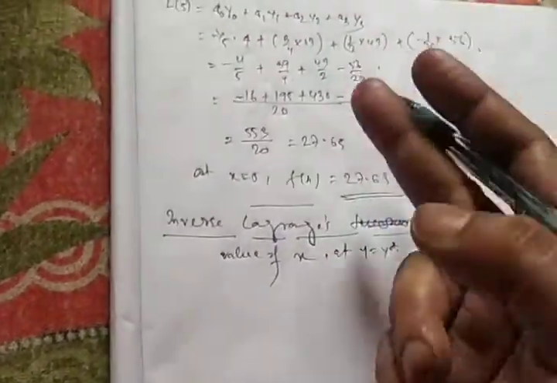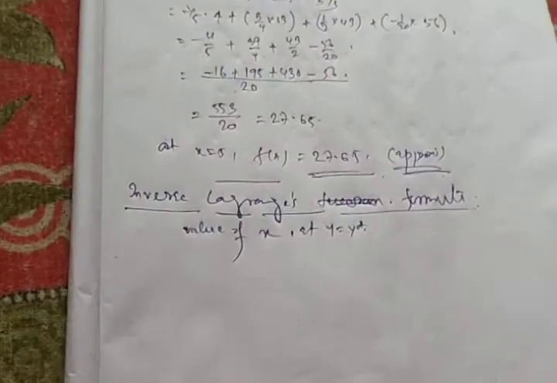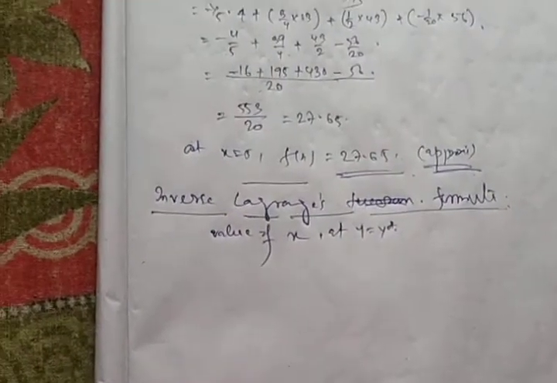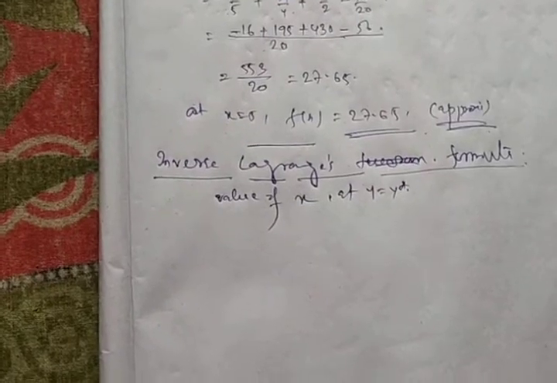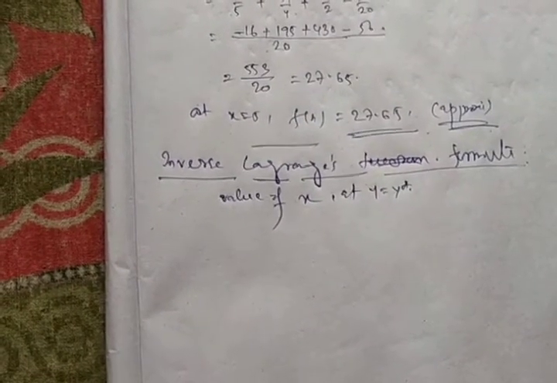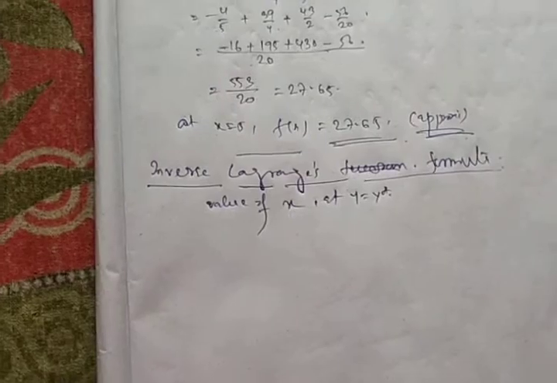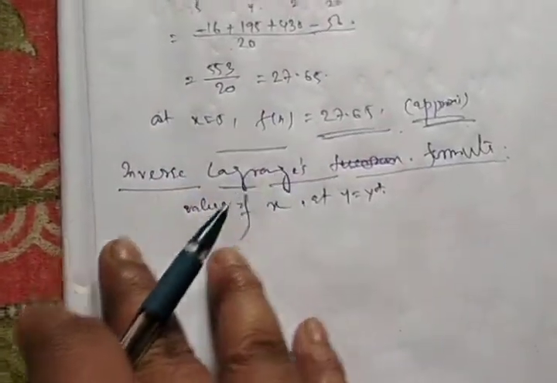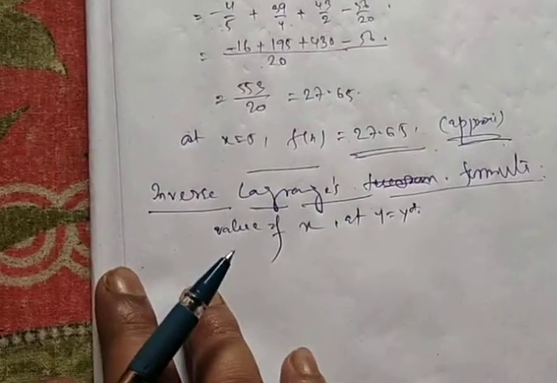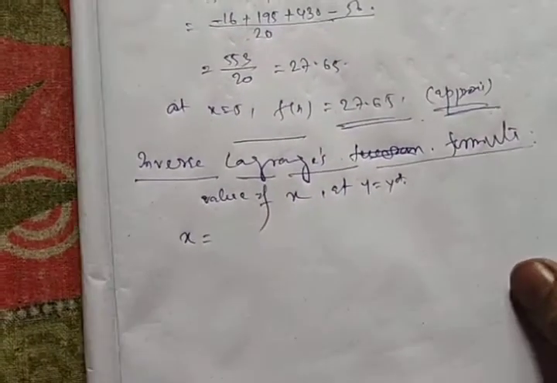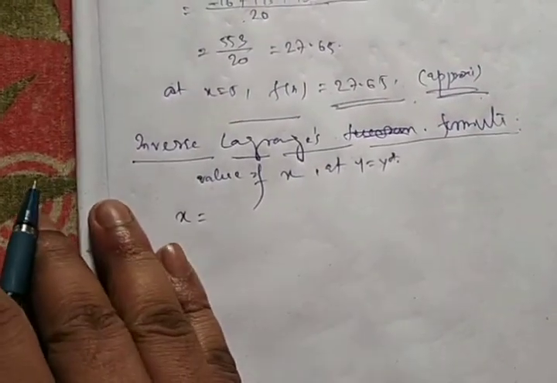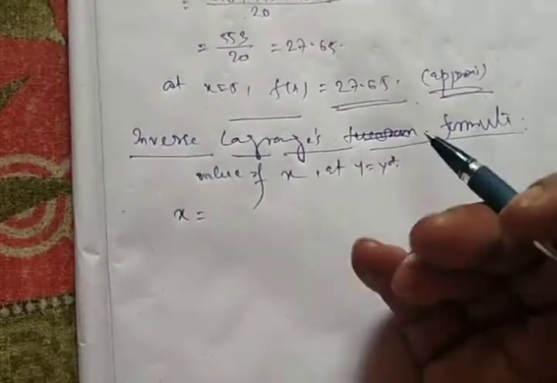Okay, in the previous we have found the value of y at given x equals to x star, but in this case we have to find the value of x at y equals to y star. Okay, so the formula is same, just in the formula we will just replace the x by y and y by x.